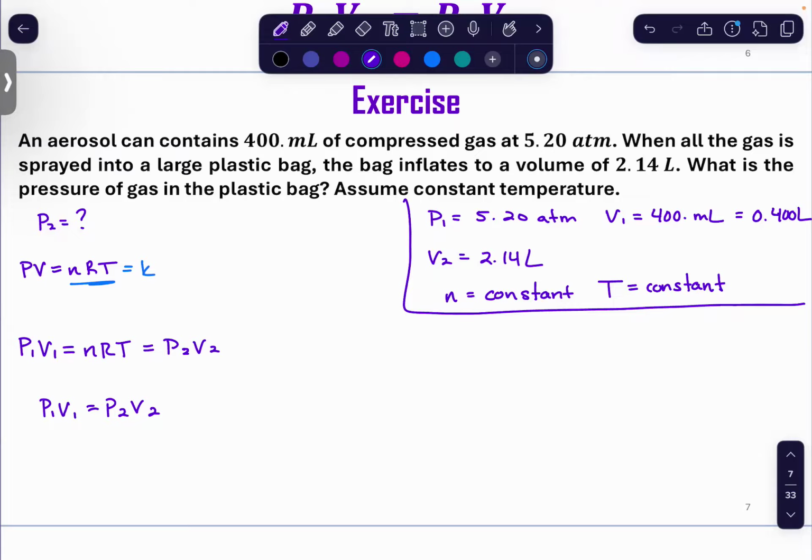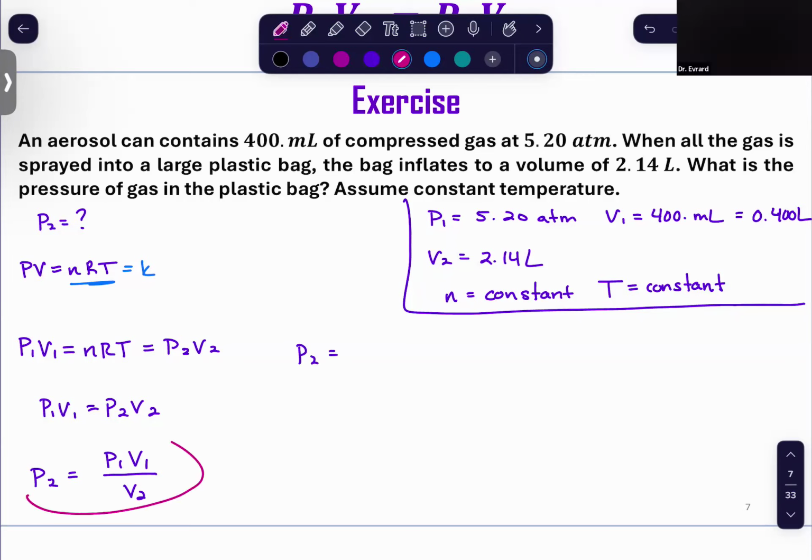And so then we can say, well, I want P2, so it's going to be P1V1 over V2. And I want you doing this algebra before you plug in numbers. So like if I was grading an assignment, I better see this.